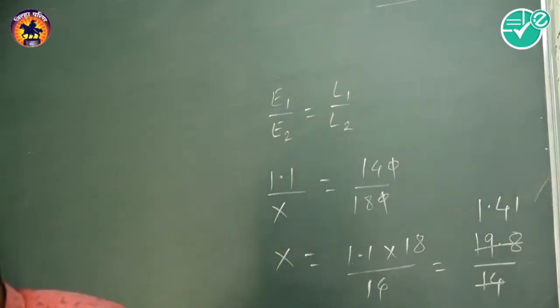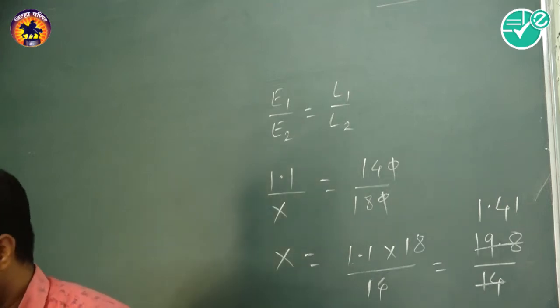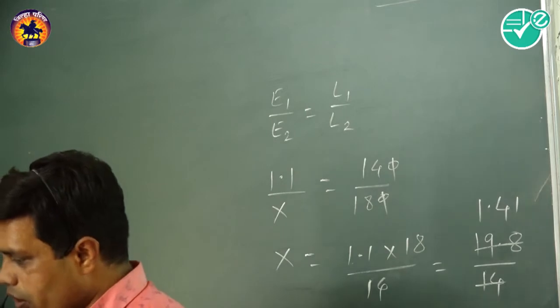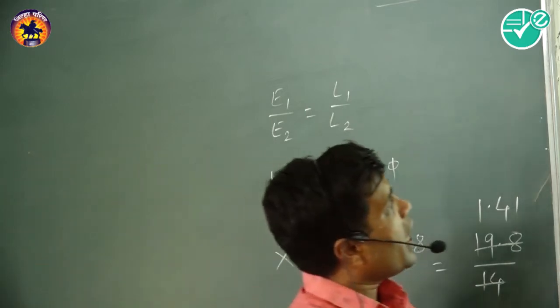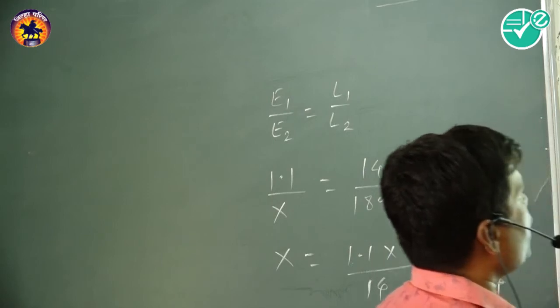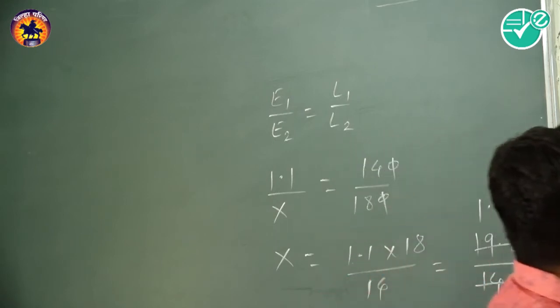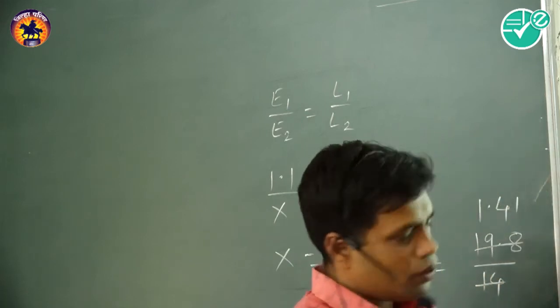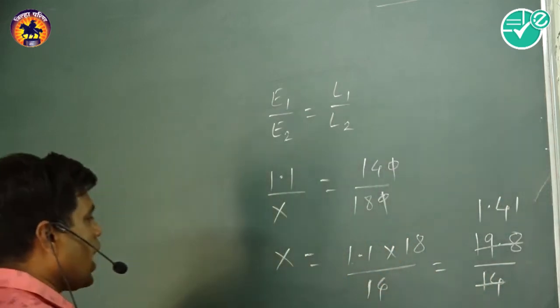Now question number 54. What is asked in question number 54 is that the resistivity of potentiometer wire is 40 into 10 to the power minus 8 ohm meter, and its area of cross section is 8 into 10 to the power minus 6 meter square. If 0.2 ampere current is flowing through the wire, then the potential gradient will be. To calculate the potential gradient, we have to know the formula.